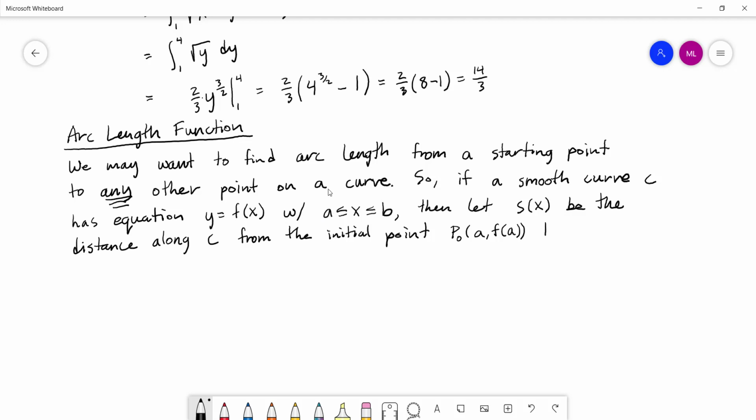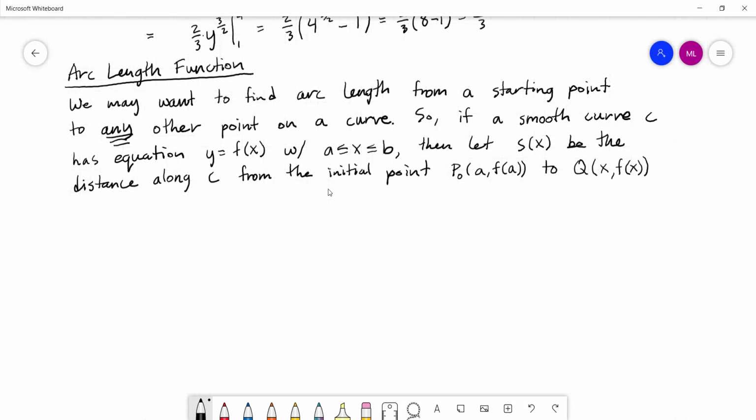So from that initial point to some other point, and the book uses Q here, which is going to be the point x comma f of x, some other point on the curve. In this case, s is a function. So then s is a function called the arc length function.